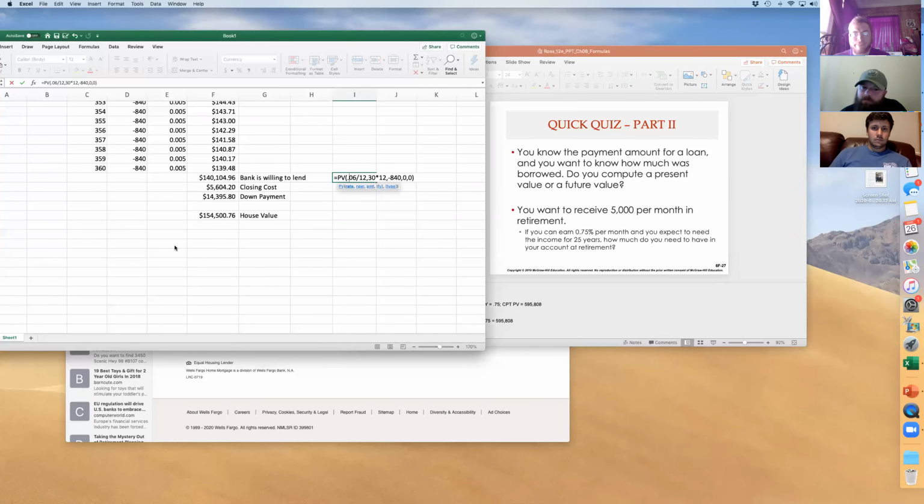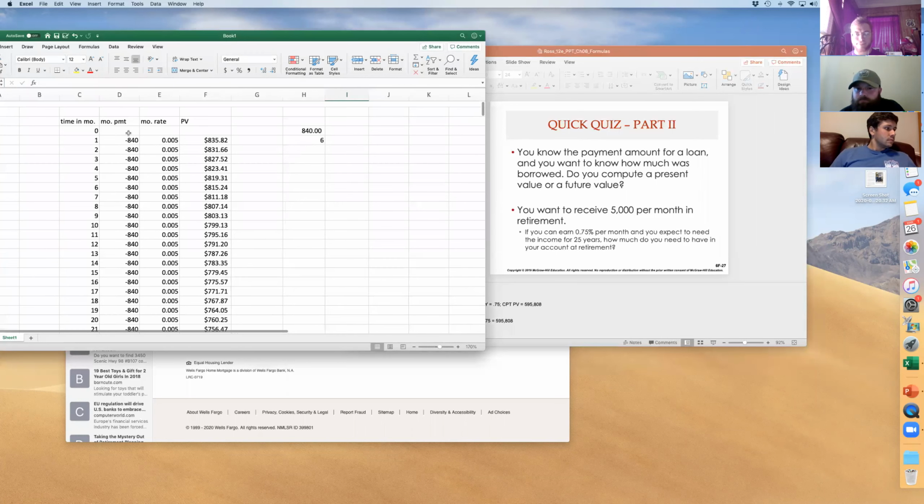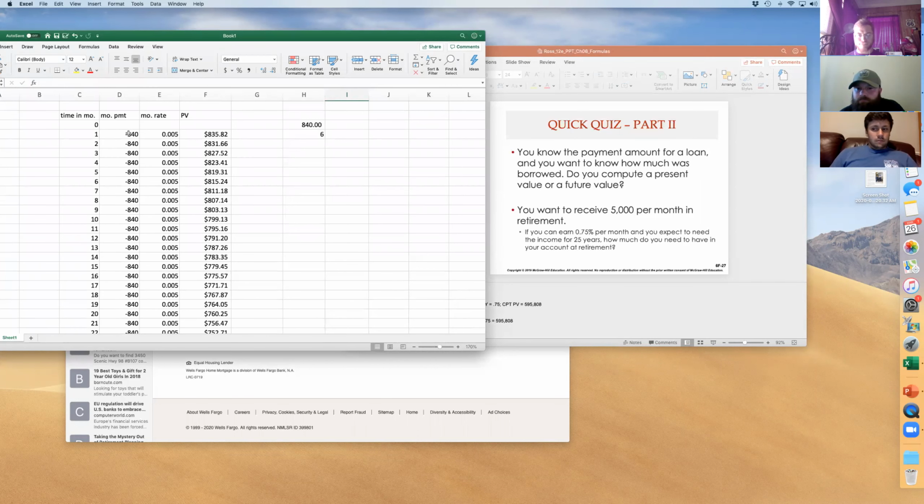Well, the future value, you can value this annuity anywhere you want, okay? But typically whenever we're dealing with loans, it's this trade-off between what the bank is providing you, in this case $140,000, and you're going to provide them with an annuity, right?